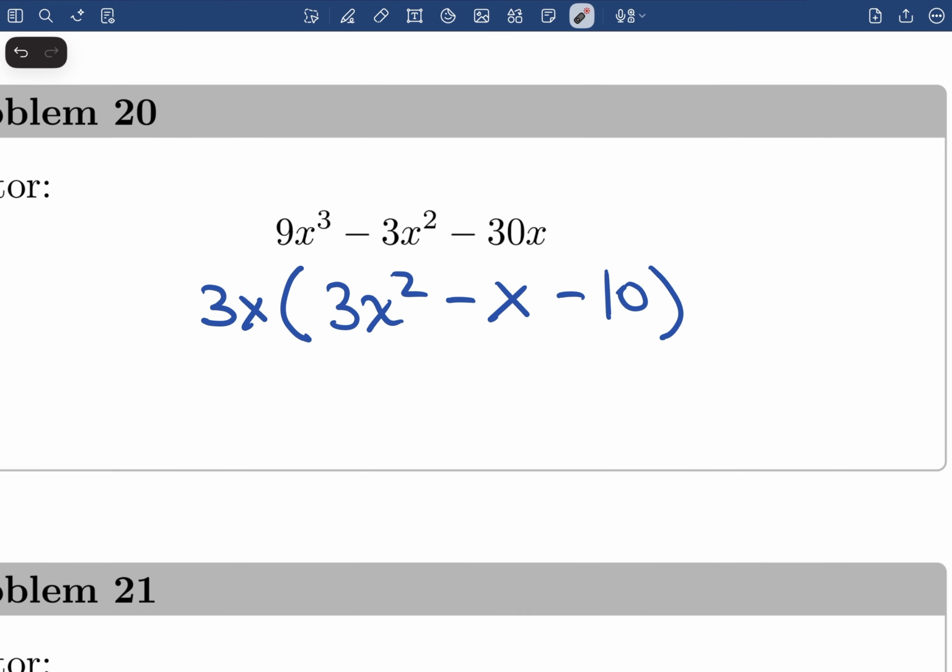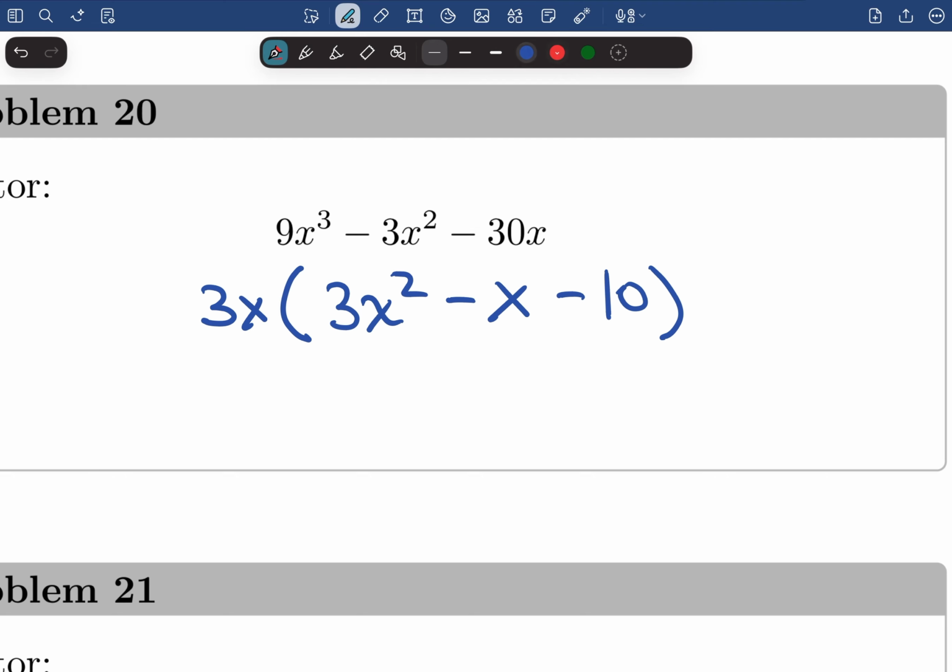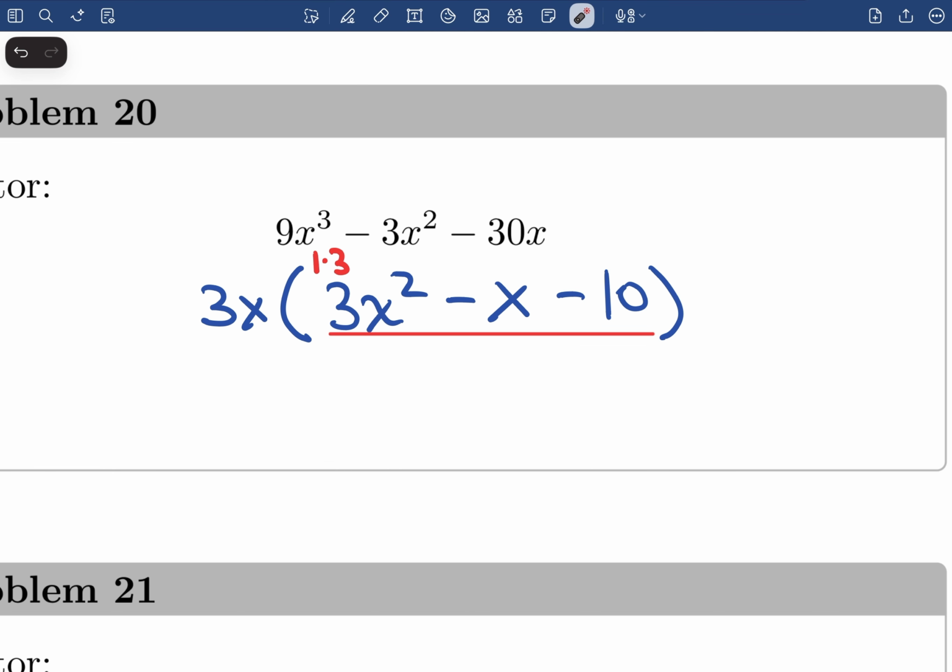Now that we're here, we need to check to see, can we factor even further? Because our goal is to factor completely. And this is a trinomial that is possibly factorable. So let's try to factor it. And I notice there's no GCF left because we already pulled out the GCF. So I'm going to take the A value's factors, right? 3 is 1 and 3.